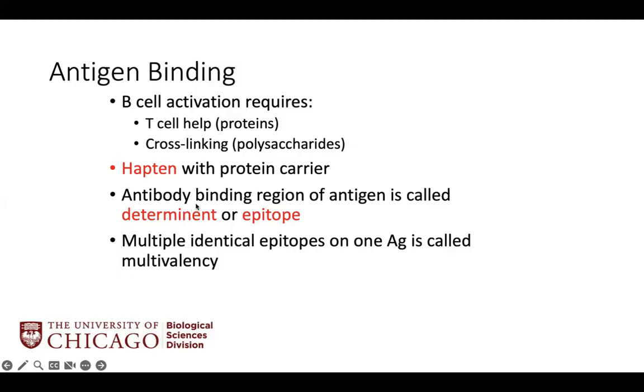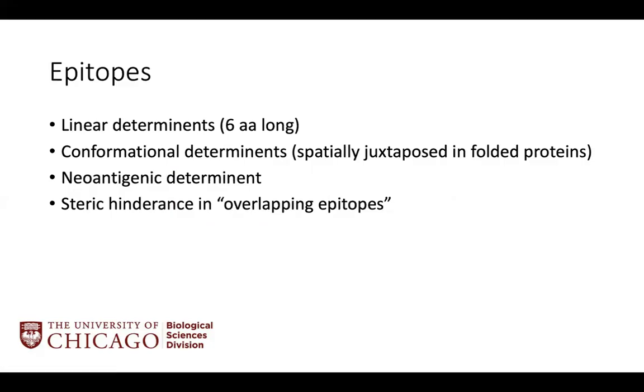So the part that the antibody will actually recognize is a determinant or an epitope. And if there are multiple identical epitopes on one antigen, this is called multivalency. So again, we get to that redundancy, the importance of that redundancy. Epitopes can be linear or conformational. I think clinically we see this in food allergy all the time.